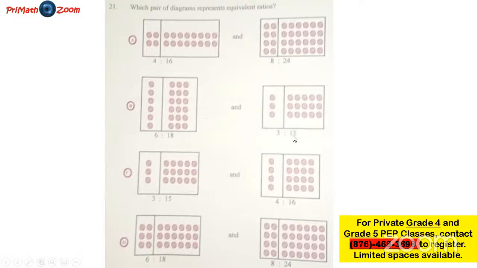And 3 to 15 would be 1 to 5. These are not equivalent. C is 1 to 5 and 1 to 4. These are not equivalent. At D, we have 1 to 3 and 1 to 3. So the correct answer here is D. 6 to 18 is equivalent to 8 to 24.